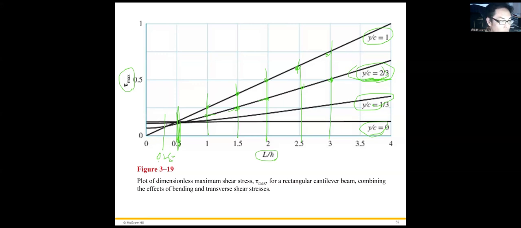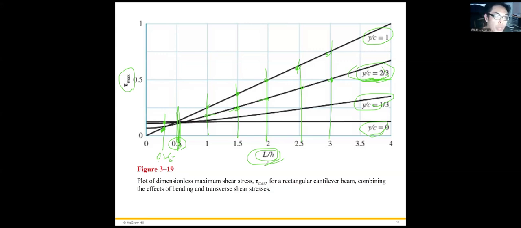When y over c equals 1, the value is smaller than the others. So when this ratio equals 0.5, what does that mean? That means we get a critical value of the maximum shear stress, and the maximum shear stress is independent of this ratio, L over h.